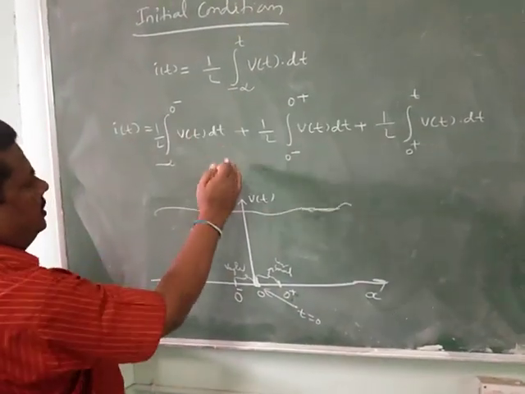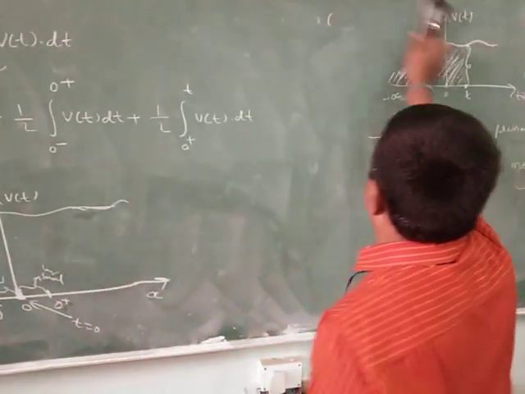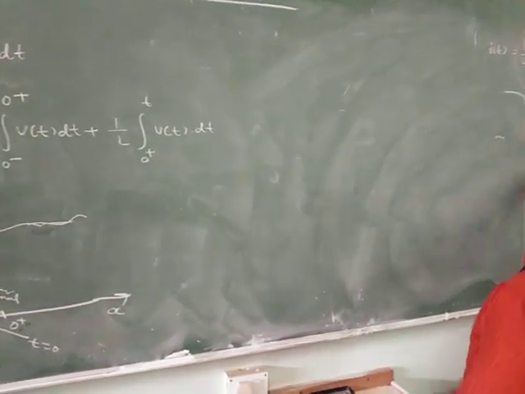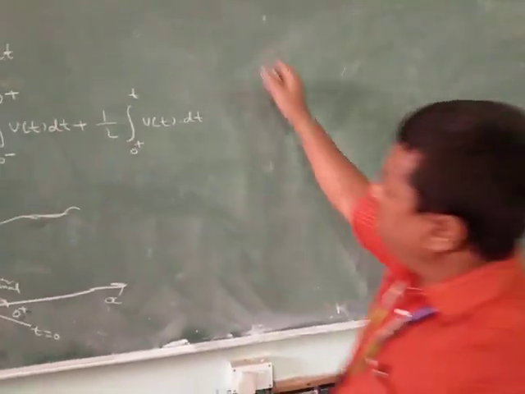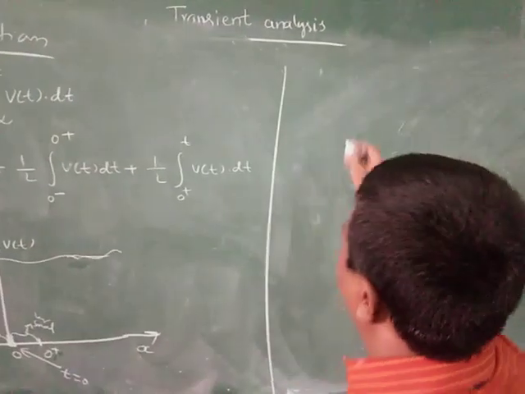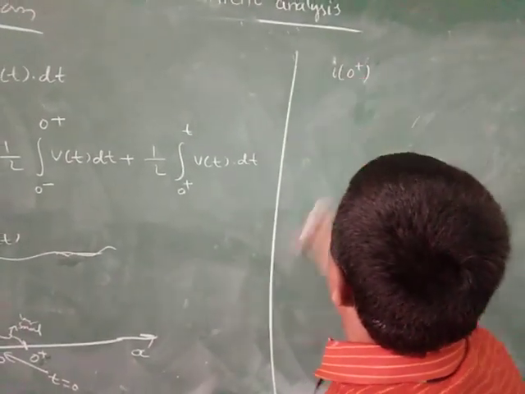This integration is broken into 3 parts. Suppose now I want to calculate I of 0 plus.